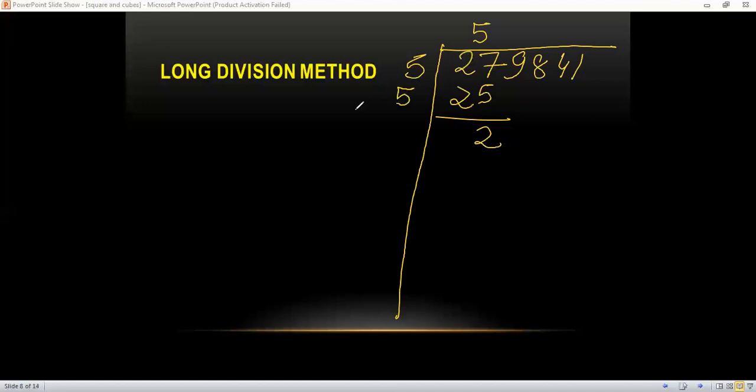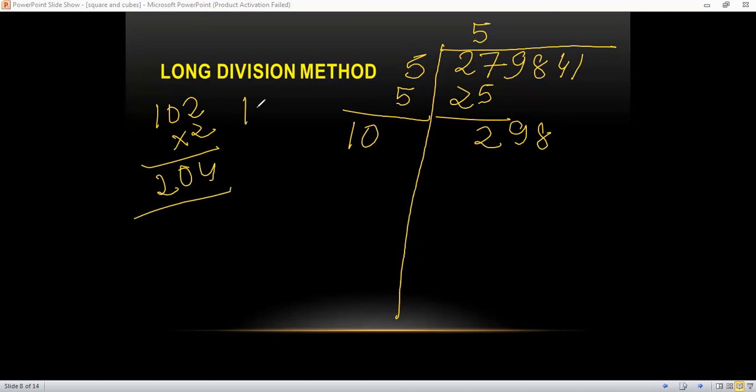Subtracting, I get 2. Now I will add 5 plus 5, I get 10. 10 is larger than 2. So I will write 98 with 2. Now I will multiply with 2. Next number, if I take 3 into 3, what will I get? 903. This will be larger than this number. That means I will take this number 204.